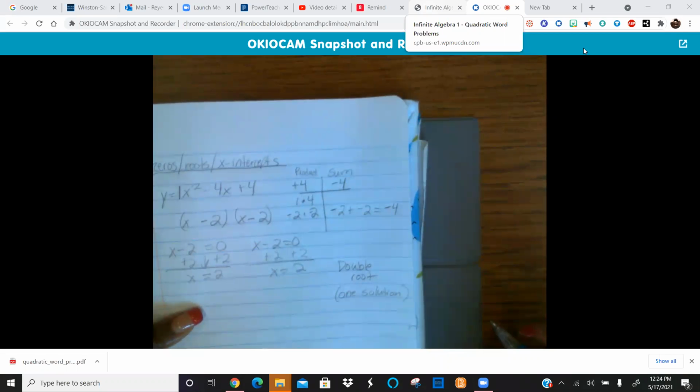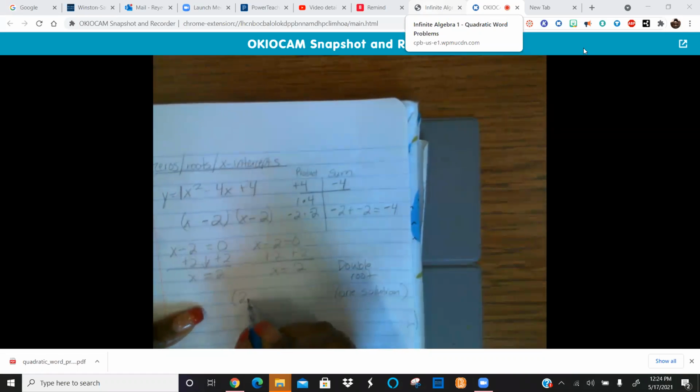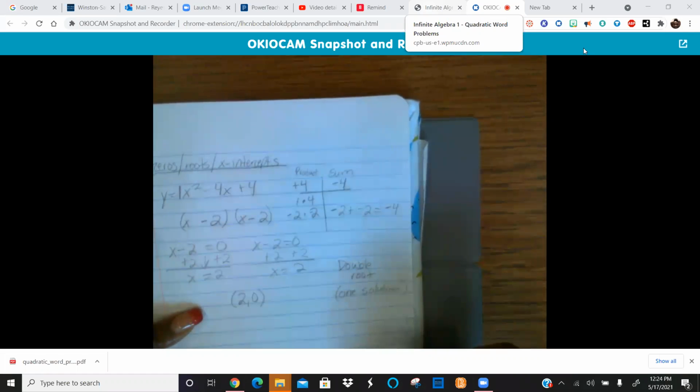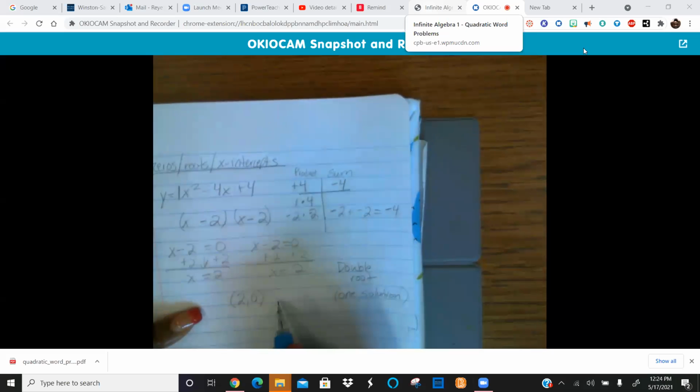So it's only going to cross at one place. And where is it going to cross? It's going to touch at 2, 0. Sometimes they'll have you list the ordered pairs, and other times they'll have you just list the roots, which is just 2 in this case.